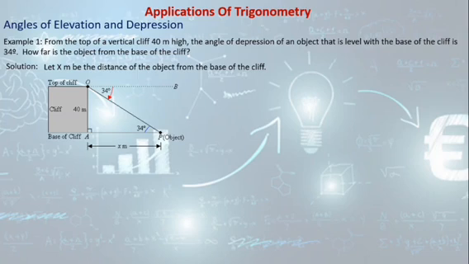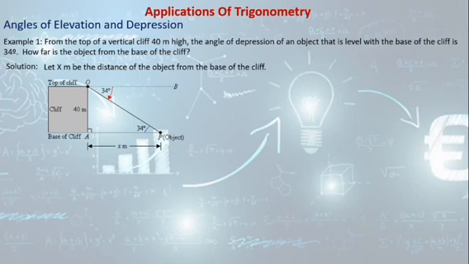Now we have a right angle triangle, don't we? In this right angle triangle, we have the adjacent, the opposite, and the hypotenuse. So let's see the sides that we have. The line OA, which is the height of the cliff, would be our opposite. Why? Because that is the side facing the angle being considered. Now, how did the angle 34 get inside the right angle triangle? Remember, they gave us the angle of depression, which is 34, and it's outside.